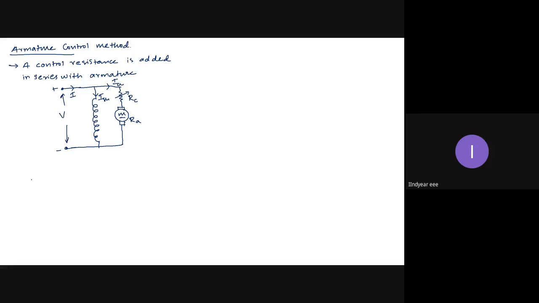So here again a governing equation for the speed: N is proportional to (V minus Ia into R) divided by phi. So in this case, my V is constant, the applied voltage.